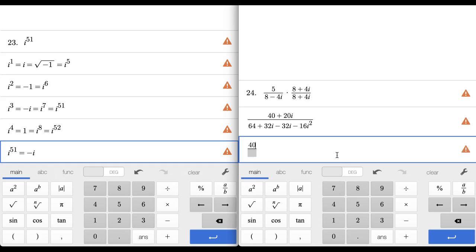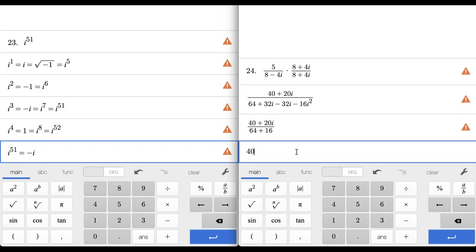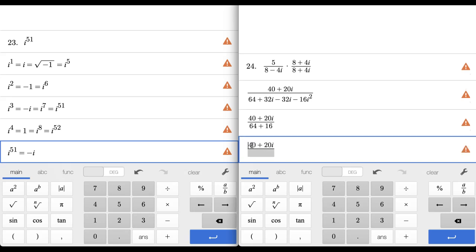So 40 plus 20i all over 64. The 32i and the minus 32i cancel out. And then minus 16i squared, you should get a plus 16. So this becomes 40 plus 20i all over 80.